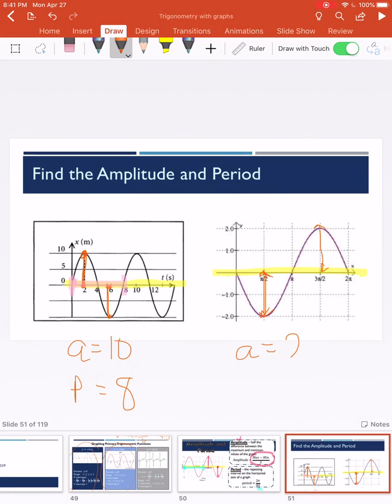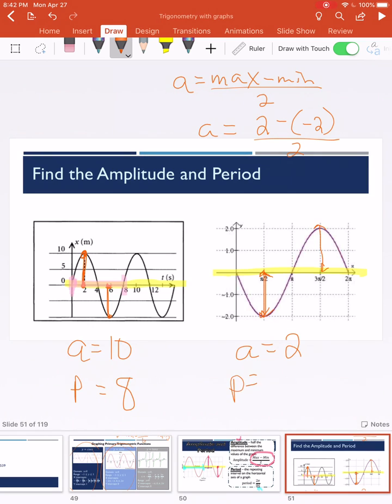So amplitude is 2. I also just want to show you how this formula works. Amplitude equals max minus min divided by 2. So you would take the maximum, which is 2, minus your minimum, which is negative 2, all over 2. So of course, 2 minus negative 2 is positive 4, divided by 2 would also give us 2.